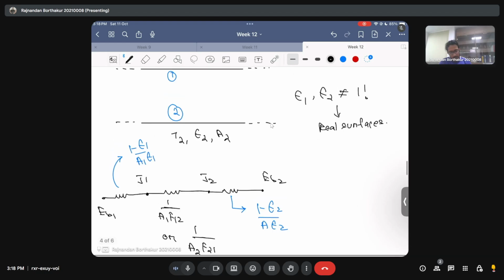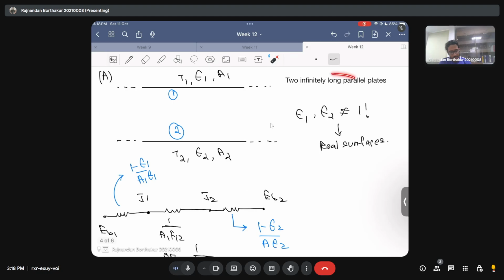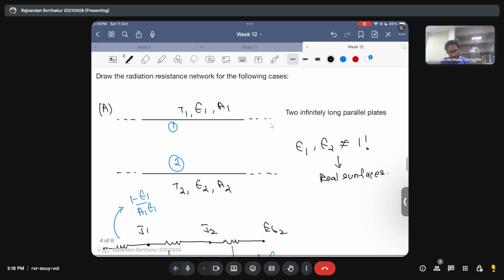we can now use the information that had been given to us, that these two plates are infinitely long, which means that whatever radiation leaves surface 2 will eventually strike surface 1.